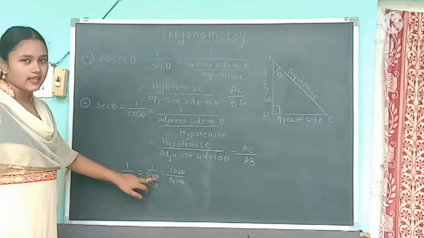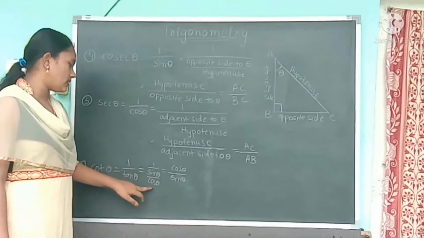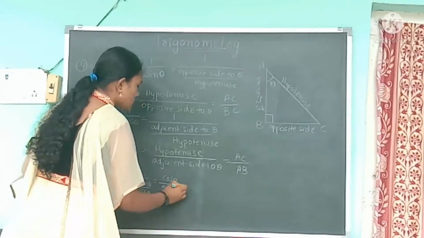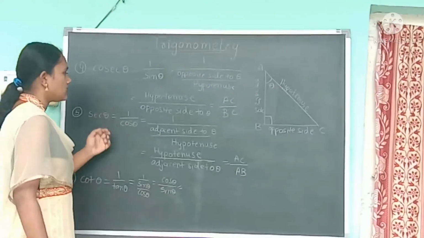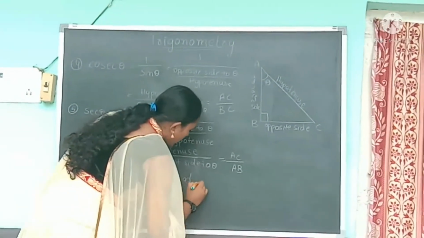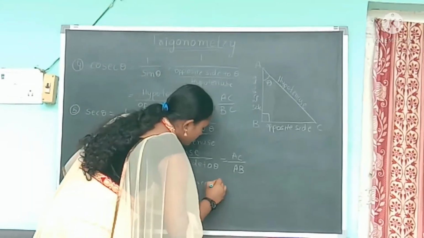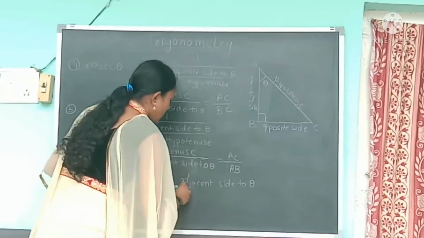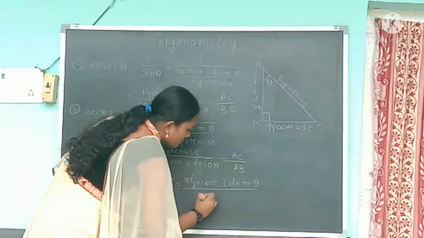It is sin theta by cos theta. So 1 by sin theta by cos theta is equal to cos theta by sin theta. That means cos theta by sin theta is the cot theta. So what is cos theta? Cos theta is the adjacent side to theta by hypotenuse.